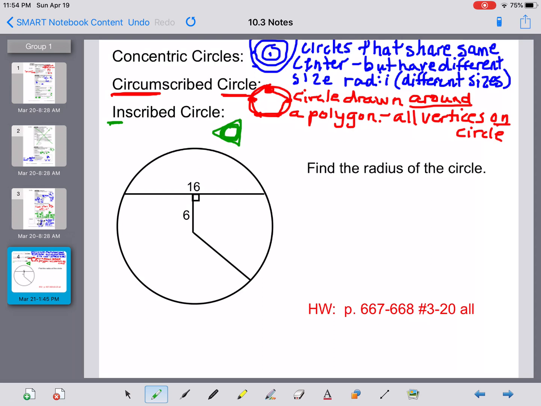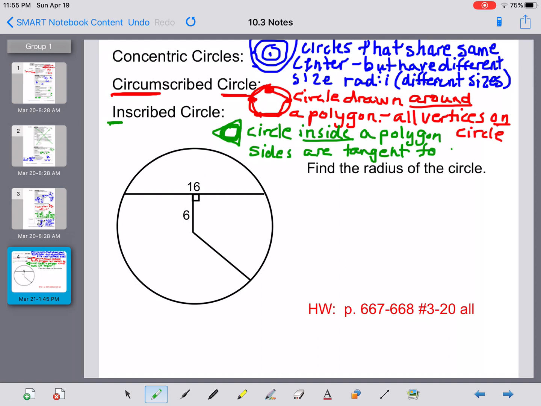So my circle is inside a polygon. And all my sides of my polygon, they're tangent to the circle.